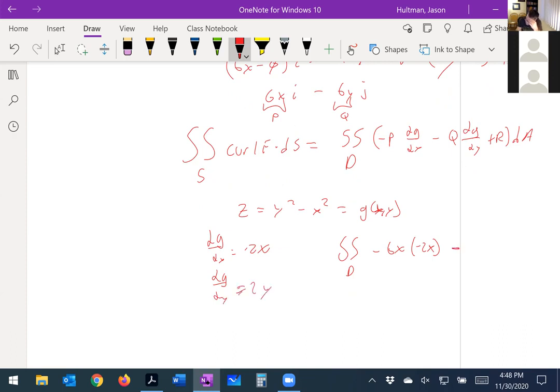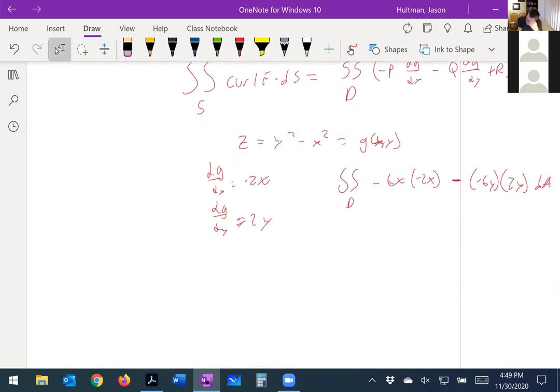Minus Q, where Q is negative 6y, times dg/dy, which is 2y, dA. So this becomes positive 12x squared plus positive 12y squared, I believe. Yep, and this is the double integral over D dA.